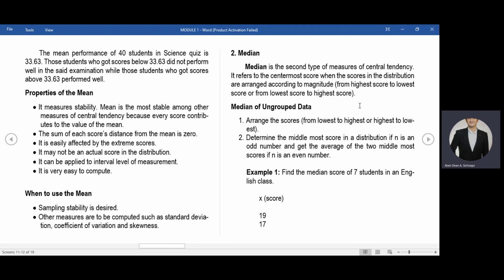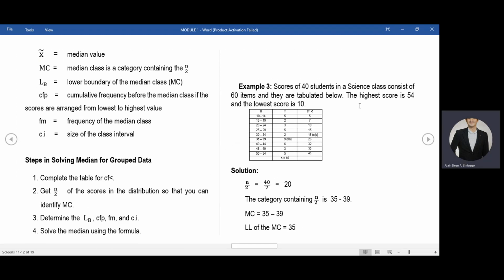Again, we have the same example as earlier. You just add another column for the cumulative frequency less than. What you do is you copy the first frequency here. Next, you add the succeeding frequency, which is 2. 5 plus 2 is 7.